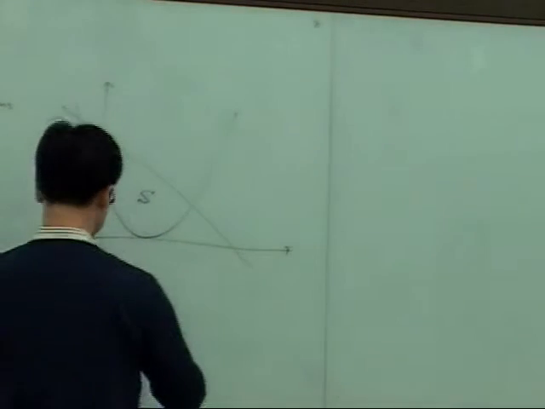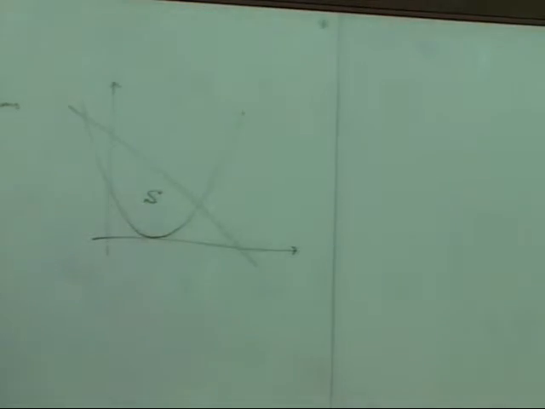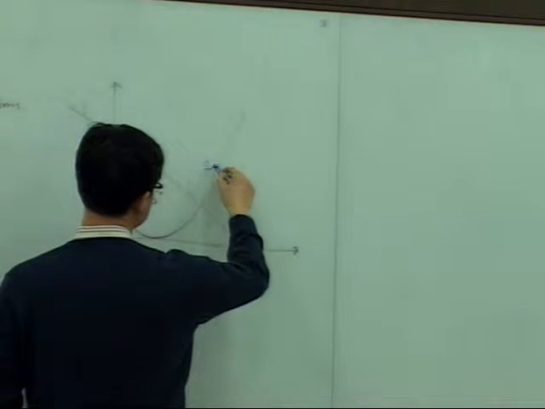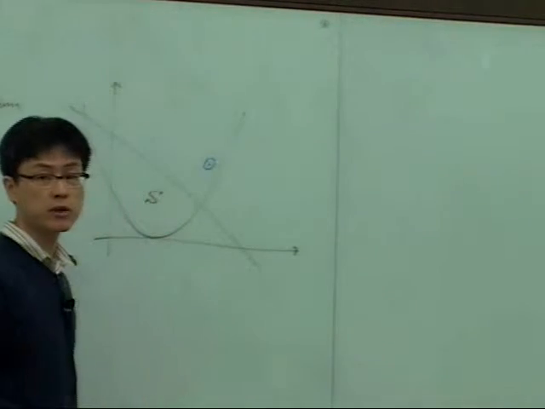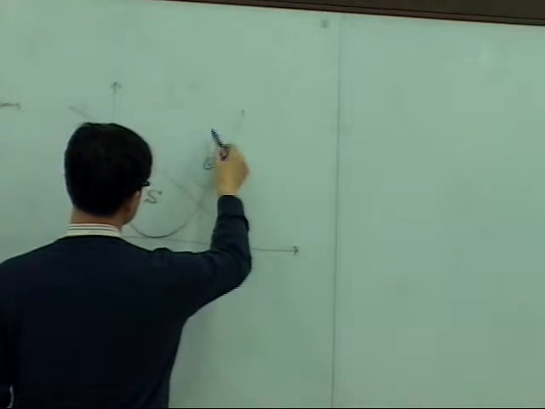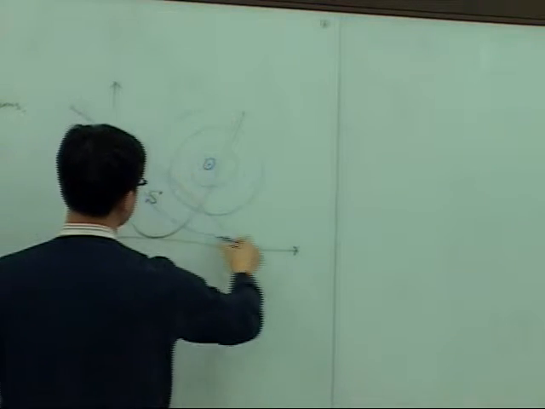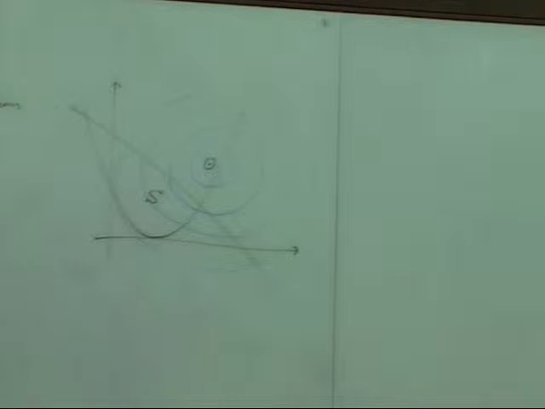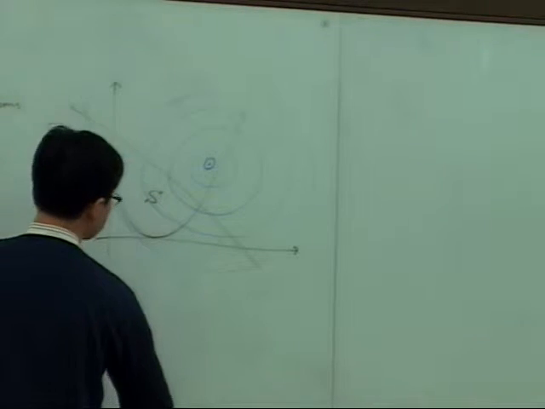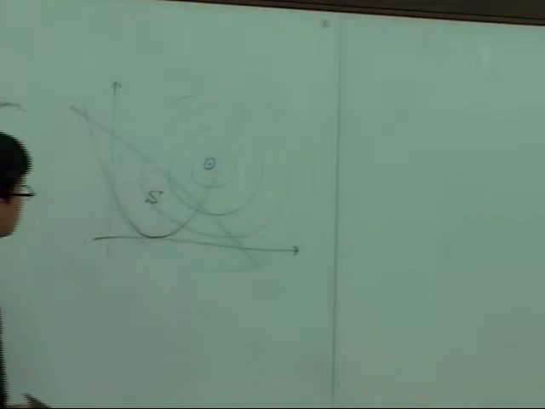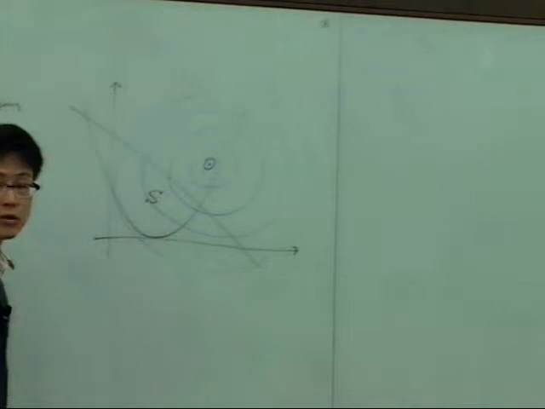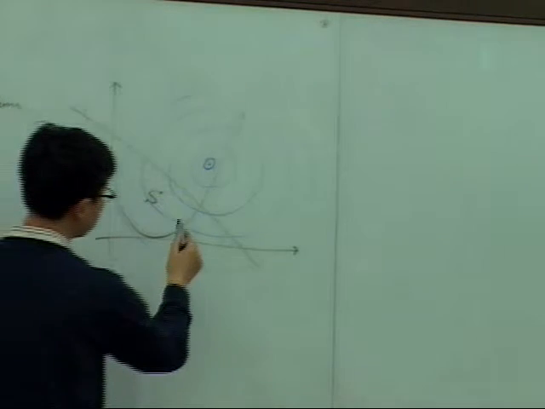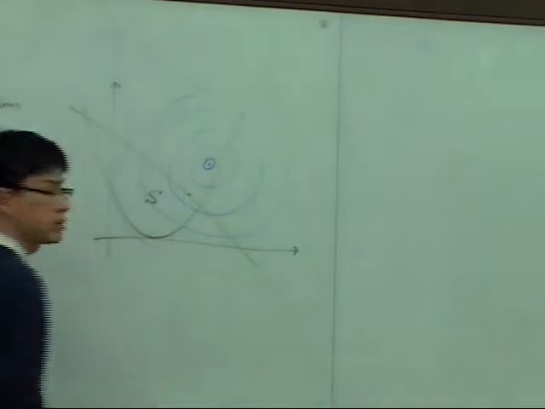Let's assume our objective function looks like this, this is the global minimum, and let's say this is the contour of our objective function. I'm not sure, but maybe our minimum will be around somewhere here, right?